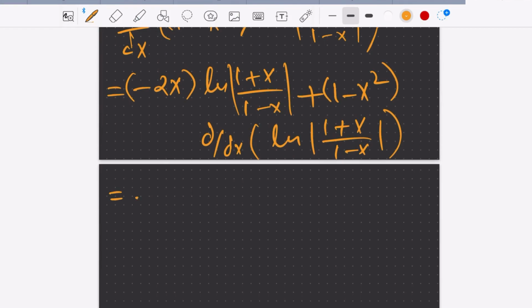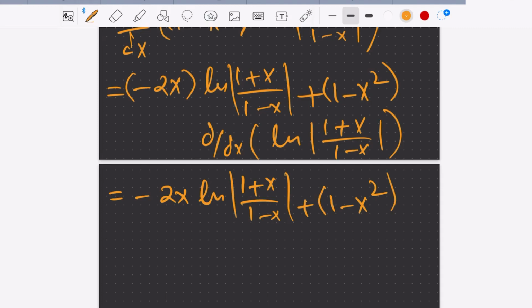It will be minus 2x, times log of (1 plus x over 1 minus x), plus (1 minus x square) times the derivative of the log. You know the derivative of log is 1 over x.